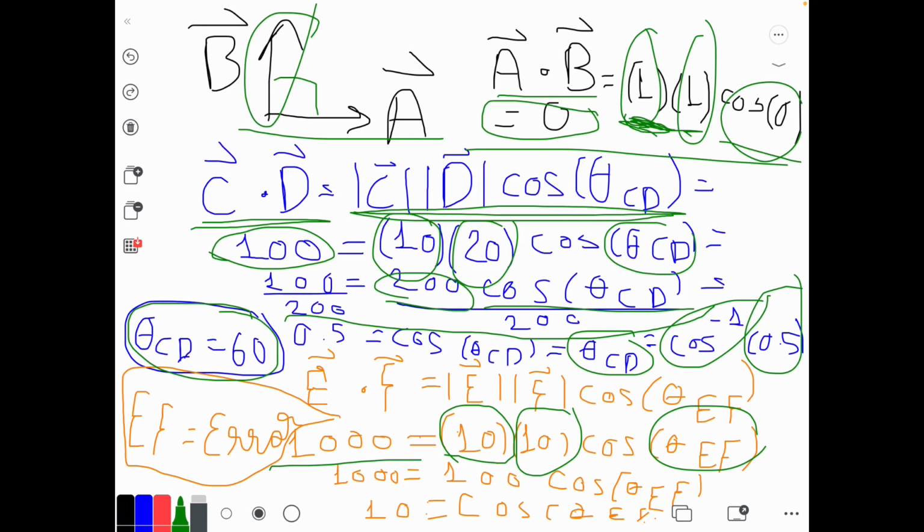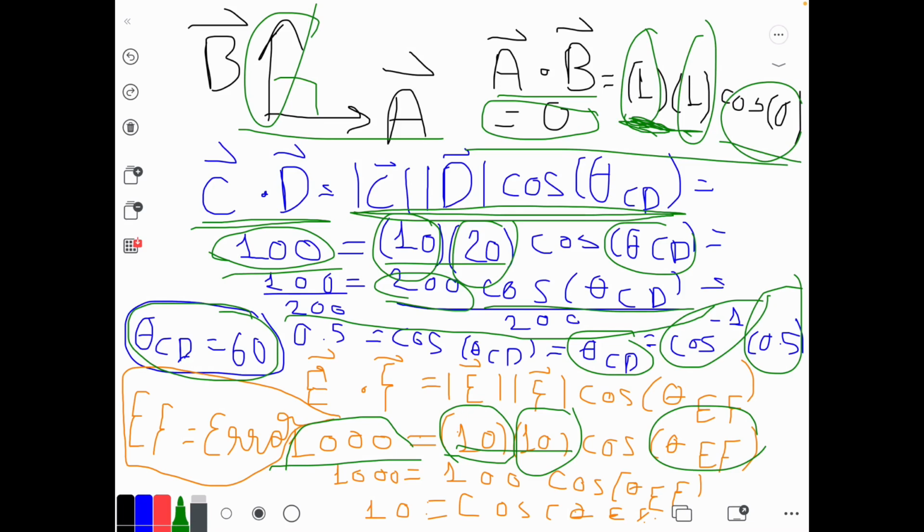Well, first, if we just look at the numbers, we have 100, 10, and 20, which will work. 1000 seems to be a very huge number compared to what we had in previous parts to get a dot product. So that makes you suspicious of the numbers. We have 1000 and 10 and 10. Look, 10 and 20 give us 100, so how in the world are 10 and 10 going to give us 1000?